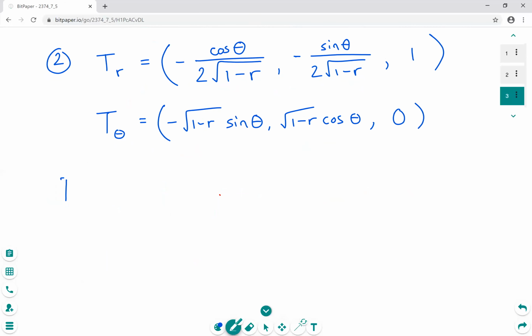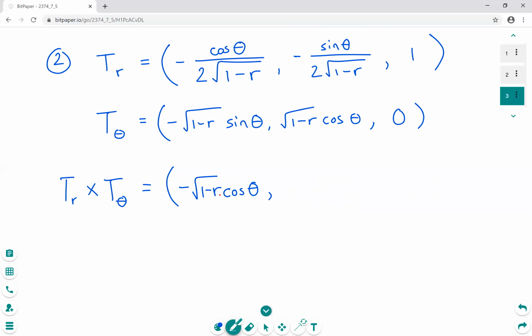Now let's compute the cross product, T r cross T theta. Right, because our end goal, we need to actually find the size of this vector. So first let's find the vector. We do sine theta over 2 square root 1 minus r times 0. Well, that's 0 minus the square root 1 minus r cosine theta.